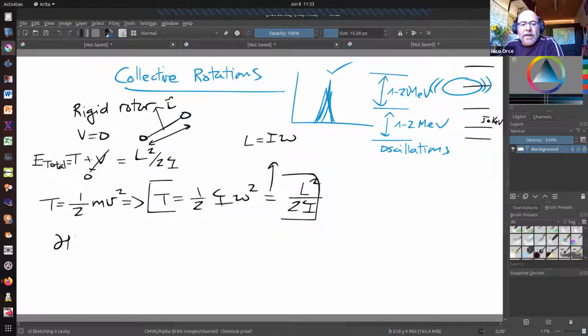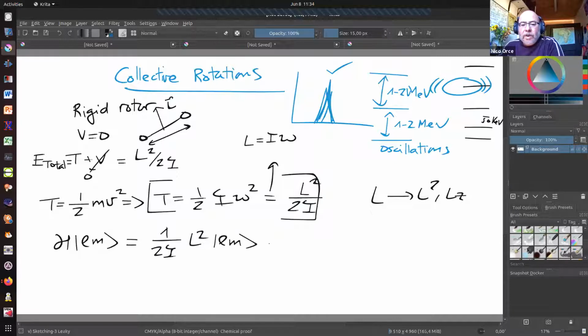We are going to get the eigenvalues, and for that, remember L is characterized by L squared and Lz. So we're going to have the wave function |L m>, and L squared applies to it. So it will be 1/2I L squared on |L m>, which will be h bar squared L(L plus 1) over 2 times the moment of inertia, |L m>.